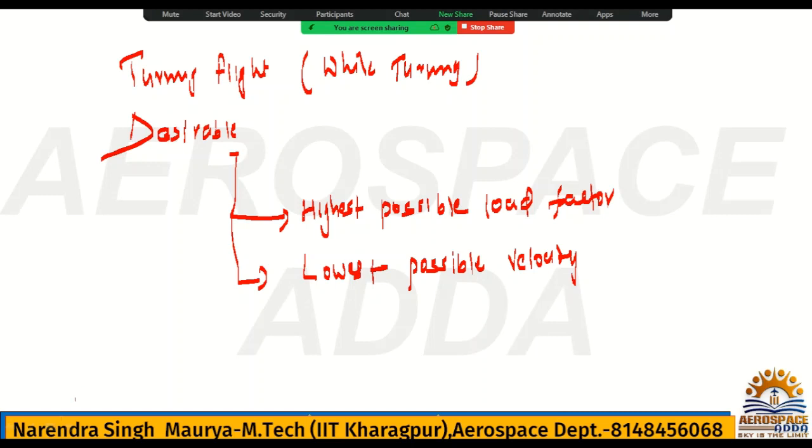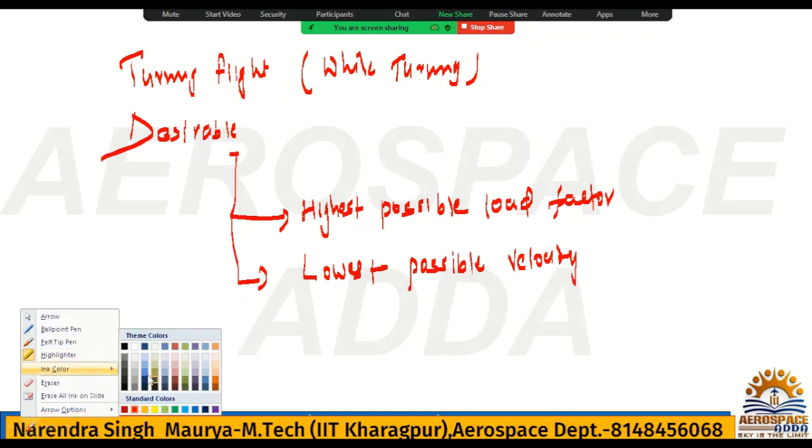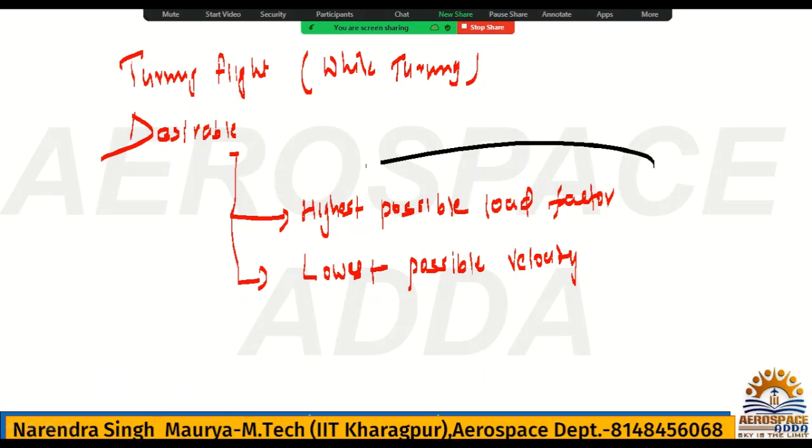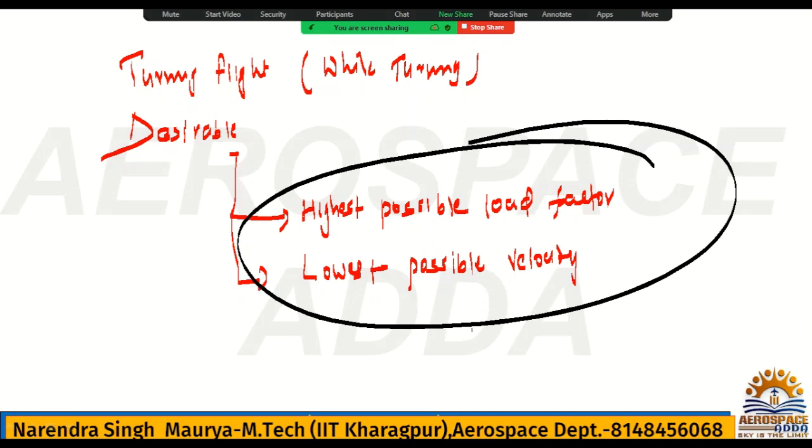If we are having these two for the aircraft, then you will have minimum turn radius, you will have a maximum turn rate, you will have a minimum time required for the turning flight. I hope you all understood this.